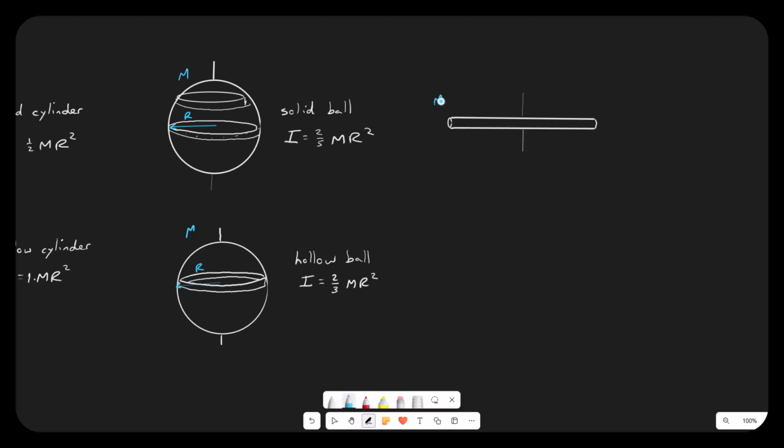This thing has a mass of m, and because we're turning it sideways, we are going to talk about this having a length of L. This is a bar with the axis through the center. I'm going to get a moment of inertia here of 1/12 ml squared.